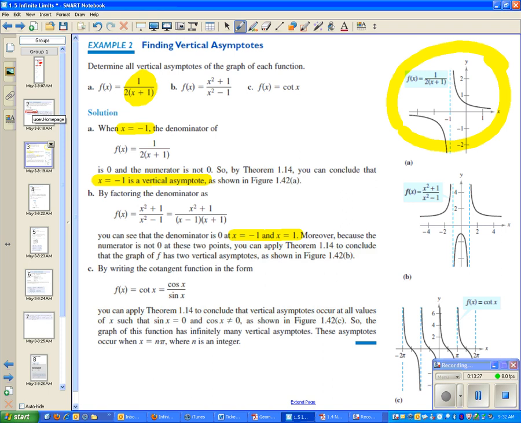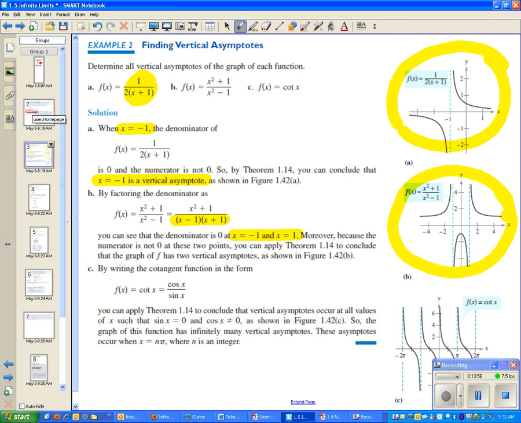Because when x equals -1, that makes that parentheses equals 0, makes the denominator equal 0, vertical asymptote. When x equals +1, that makes the other parentheses equal 0, which makes the denominator equal 0, another vertical asymptote. Again, the theorem doesn't tell us where the graph's going to infinity, where it's going to negative infinity, but it does tell us we have vertical asymptotes there.